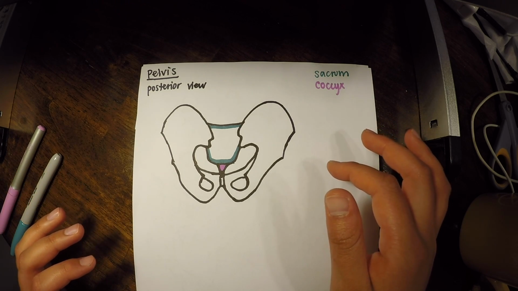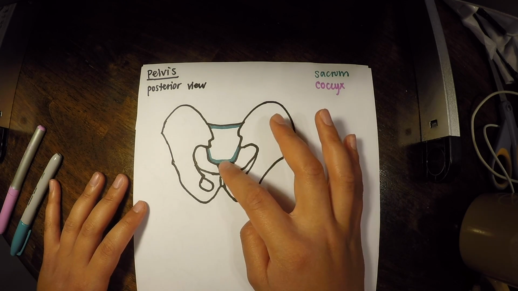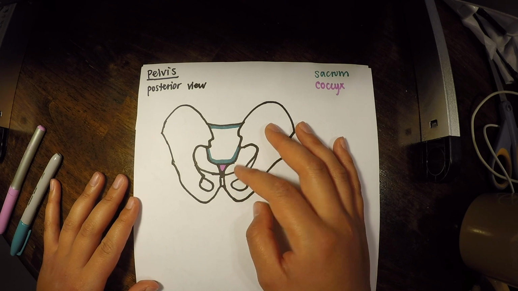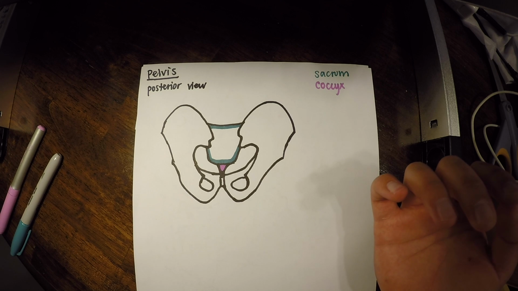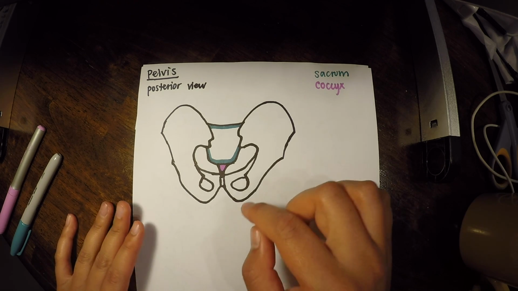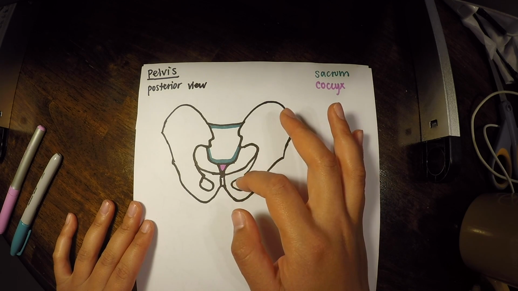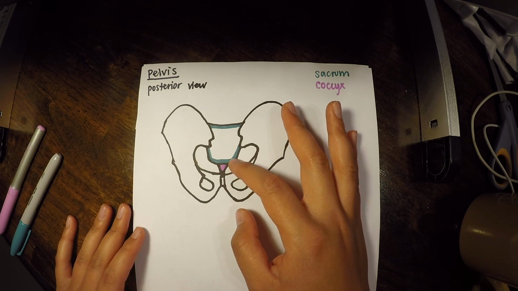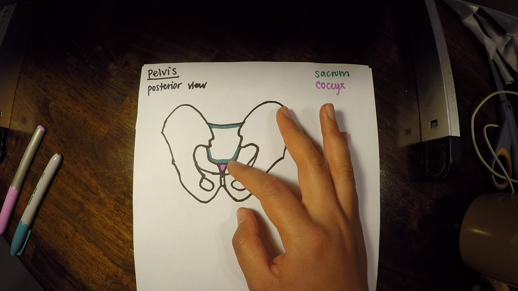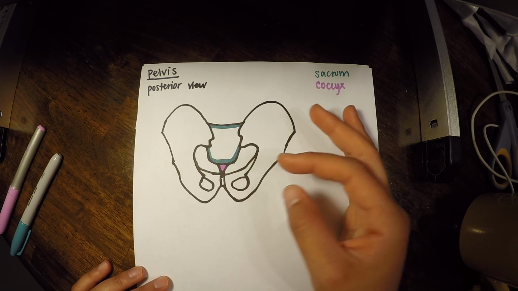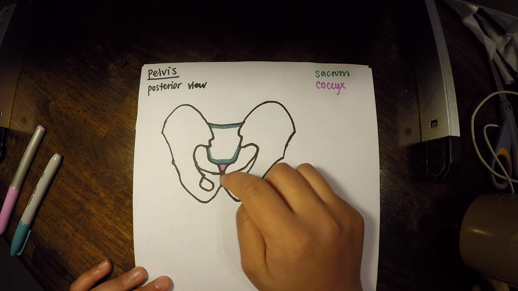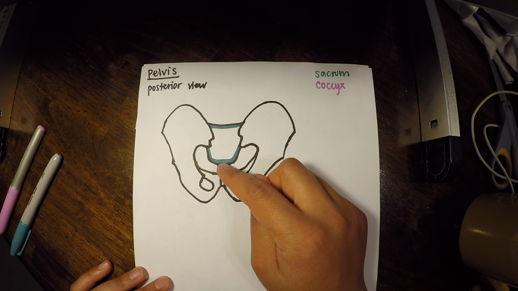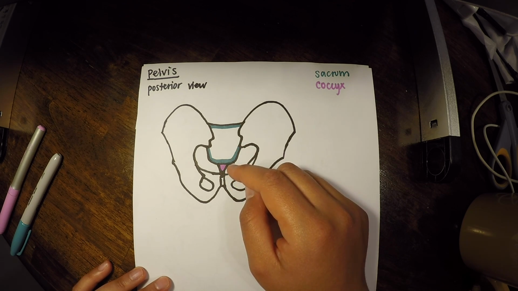Okay. Now, the same thing can actually happen with your coccyx, your tailbone. You can fall on your tailbone, and it can cause harm at this joint between the coccyx and the sacrum. And what sits directly anterior to your coccyx is your rectum.